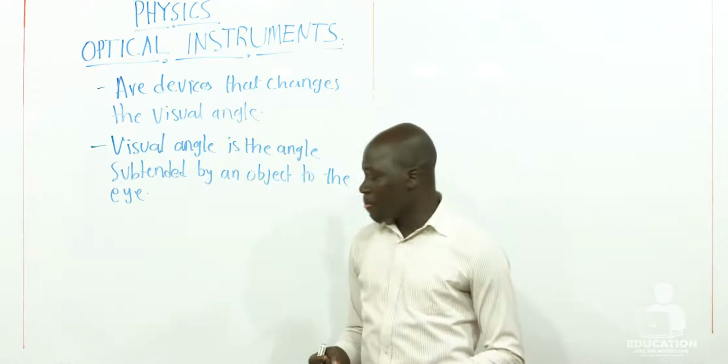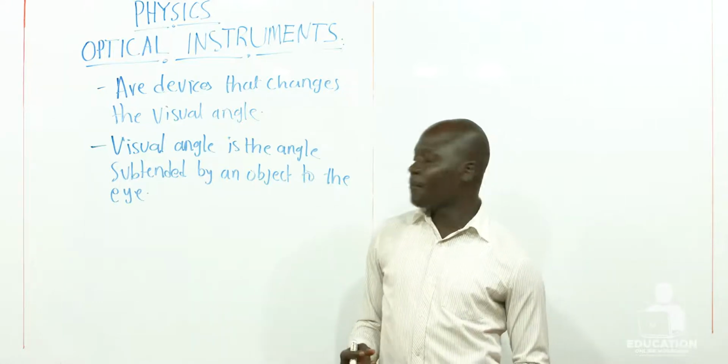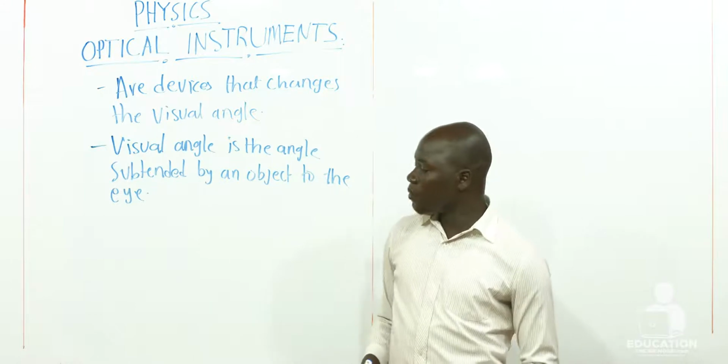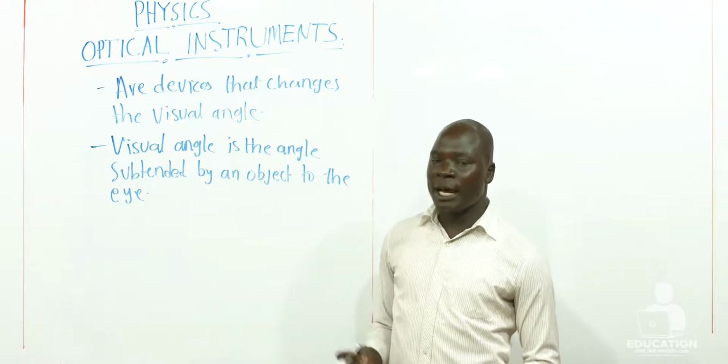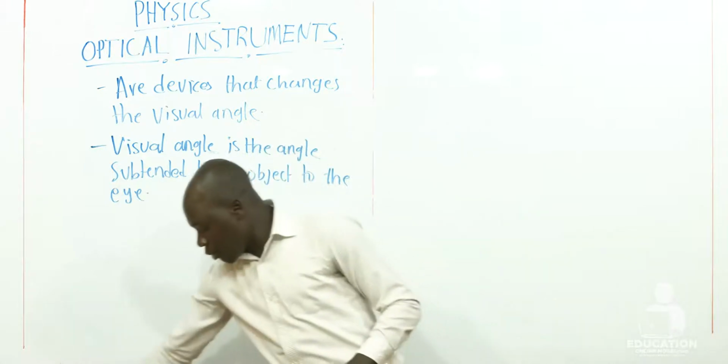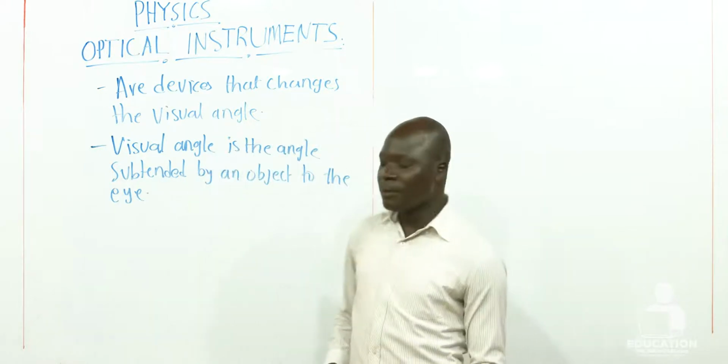So dear learners, if we have different objects placed at the same level on the ground, how do we view those objects, and how will the objects appear in the eye of an observer?